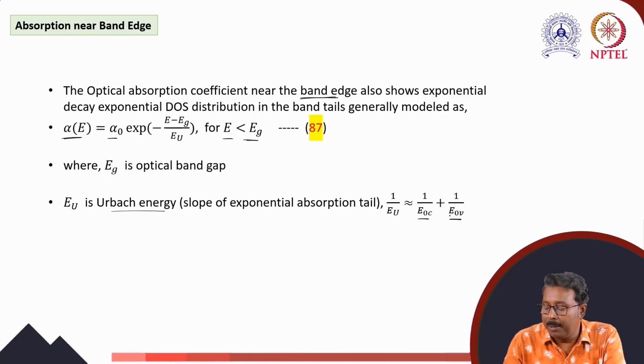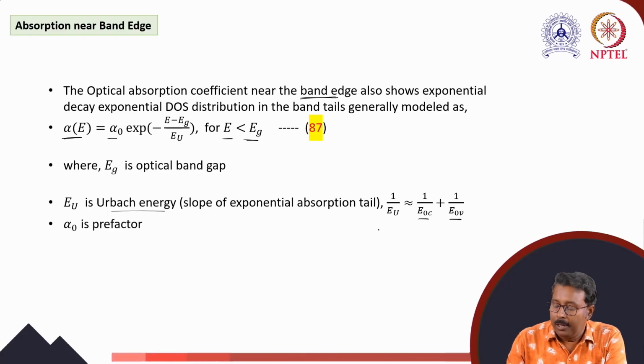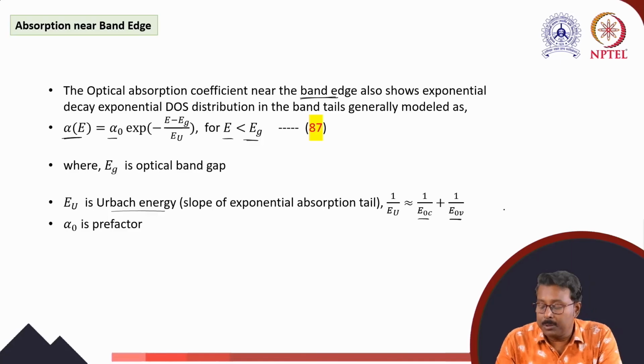They may be different values, or they may be the same, and they are related by this formula. So Eu, the Urbach energy, determines the slope of the exponential absorption tail, and alpha 0 is a prefactor. So ultimately, what I want to show is how the band tail looks in the absorption spectra.